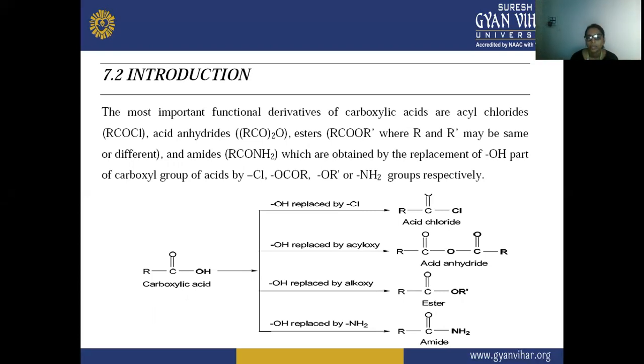And in the amides, this OH is replaced by the NH2, so that becomes the amide functional derivative, that is, a derivative of carboxylic acid. All of these are obtained by the replacement of the OH part of the carboxylic group of the acid by Cl, OCOR, OR', or NH2 group respectively.